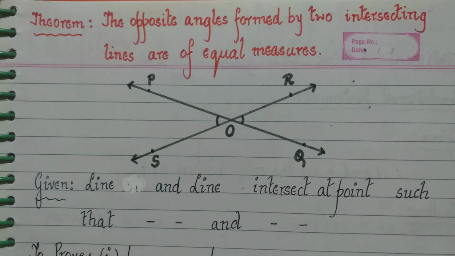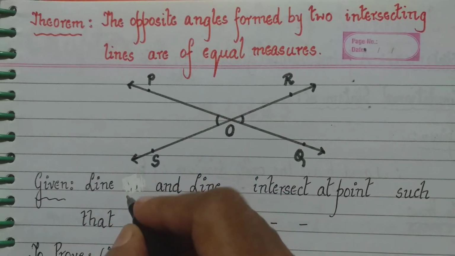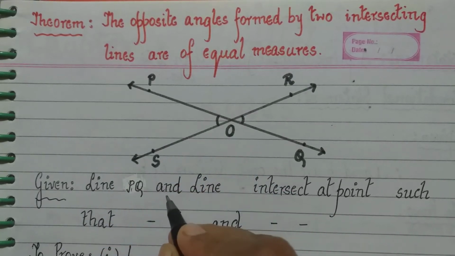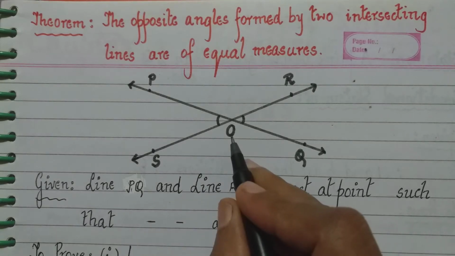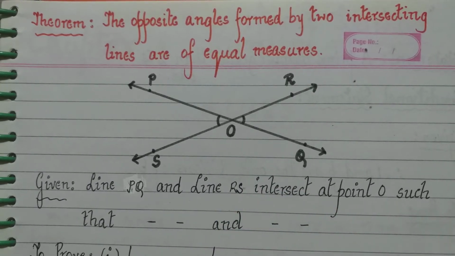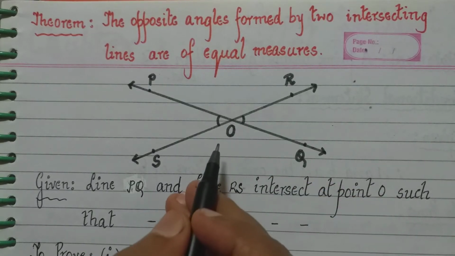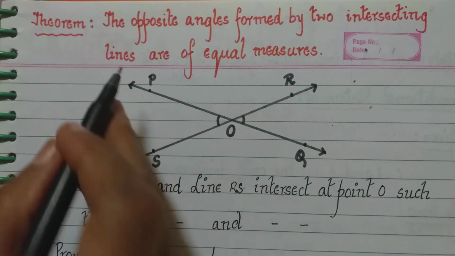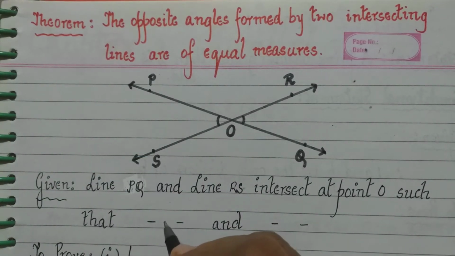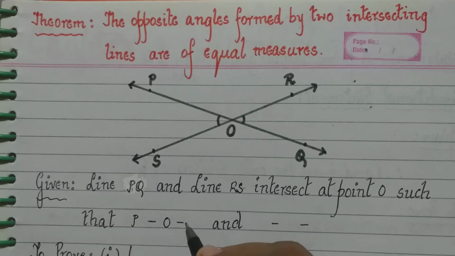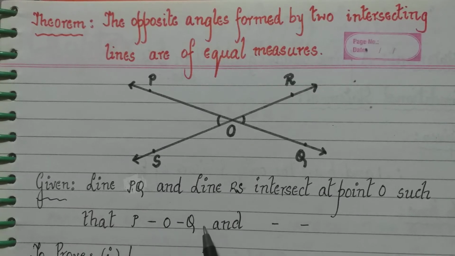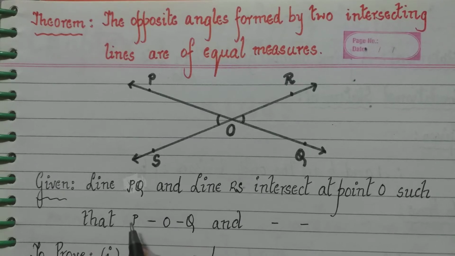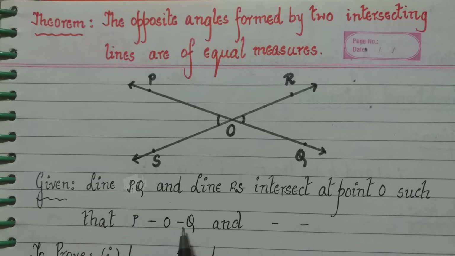So here we can write in Given, we have line PQ and line RS intersect at point O, such that this O lies between the points P and Q. To write in a symbolic way that this point O lies between P and Q, what we do is write O in the center and write P and Q on either side, and see that all the three are separated by small horizontal lines.